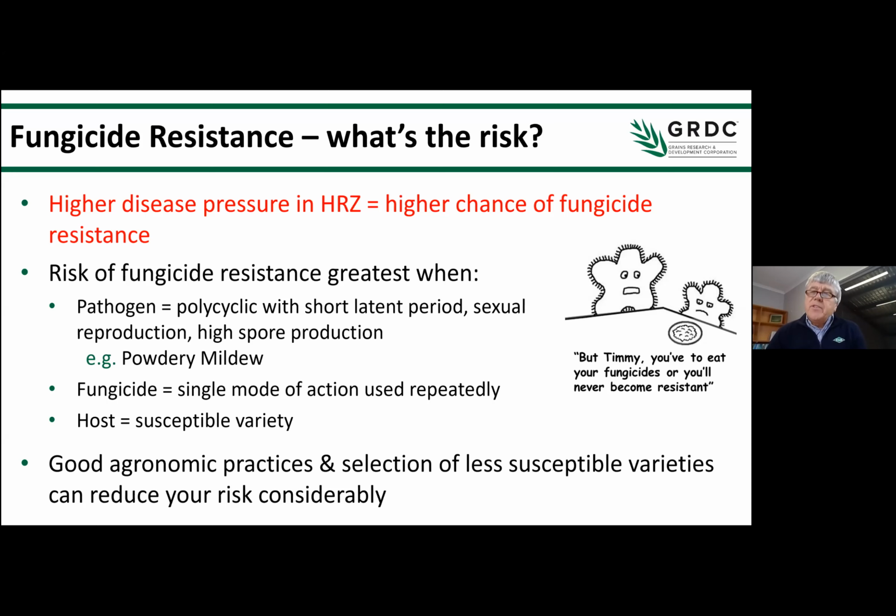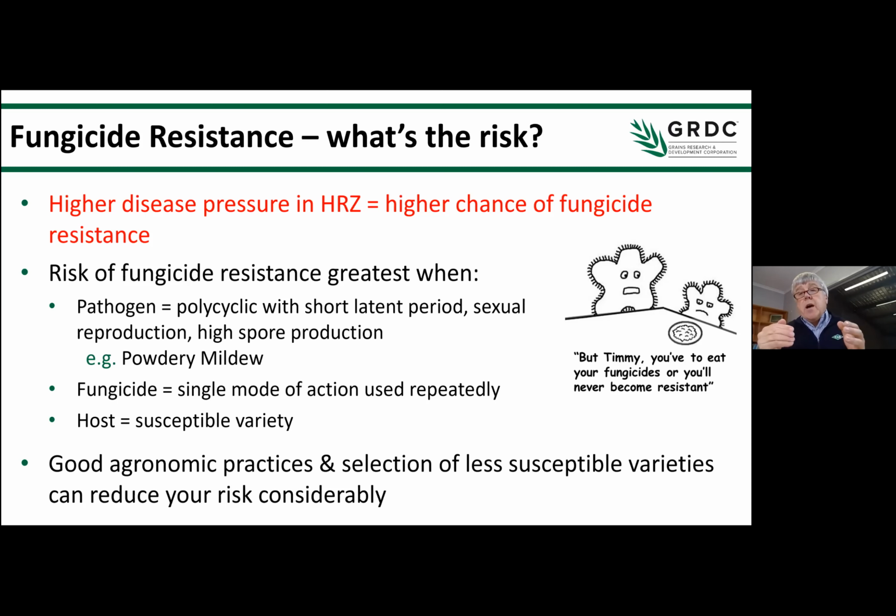Not all pathogens are affected in the same way. So we know, for example, that pathogens that have the ability to sexually reproduce and exchange their genetic material have the possibility of producing mutations along the way that could effectively start to affect our fungicide performance.